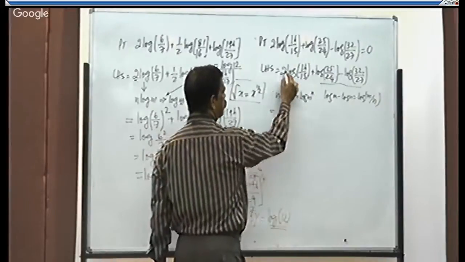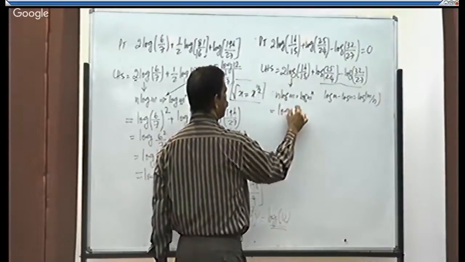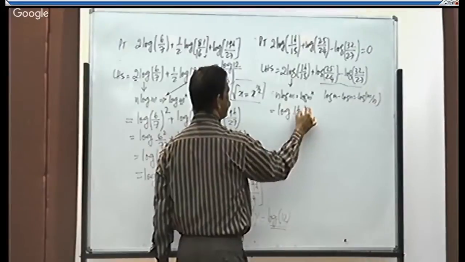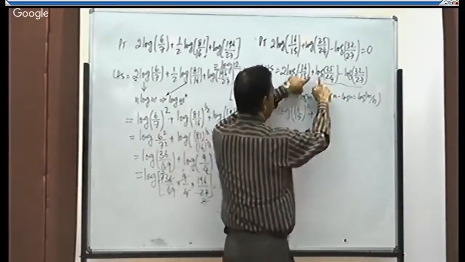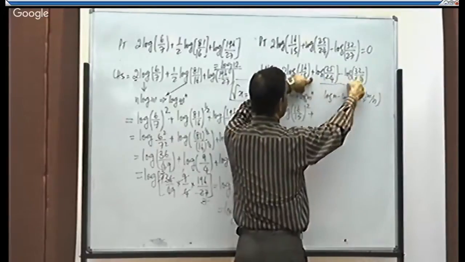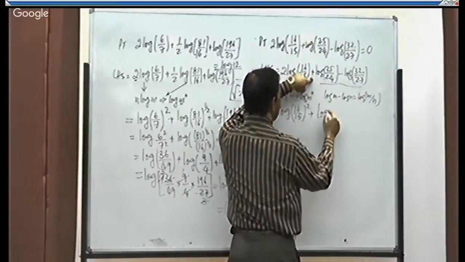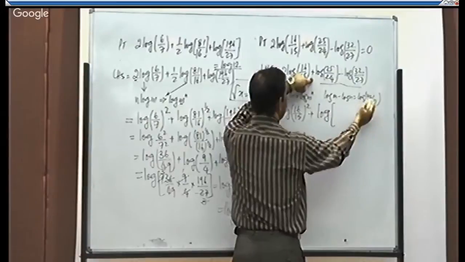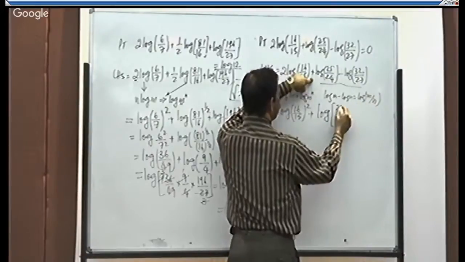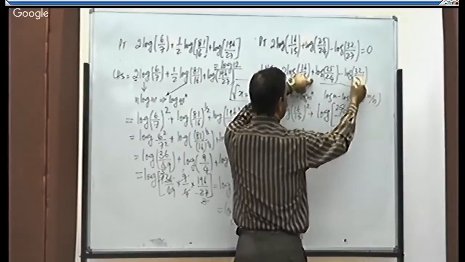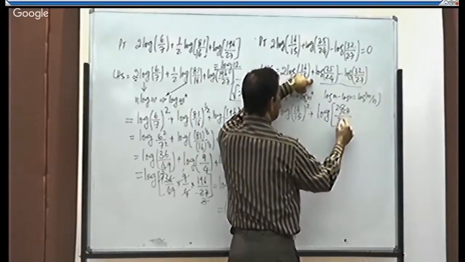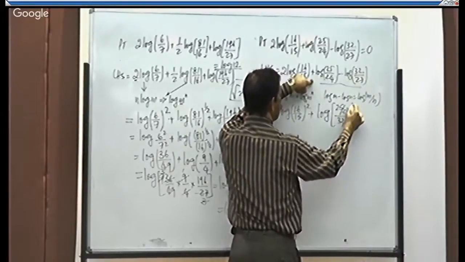According to this law, log of 16 divided by 15 whole square plus log m minus log n is equal to what? Log of m divided by n. What is m? 25 by 24 divided by what is n? n is equal to 32 by 27.